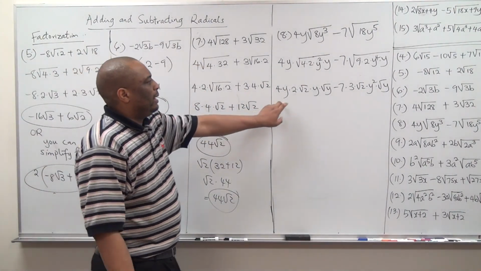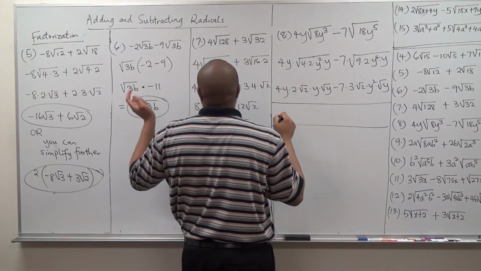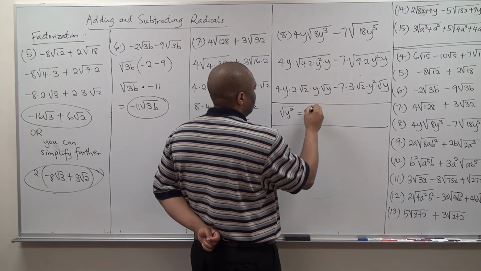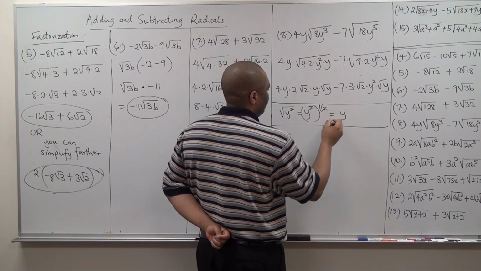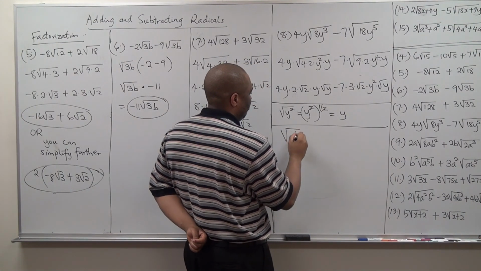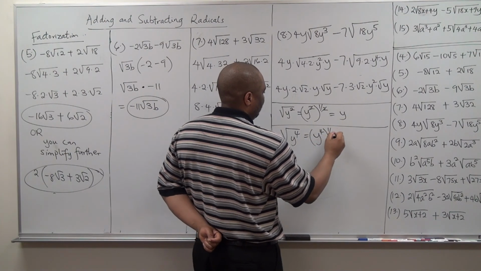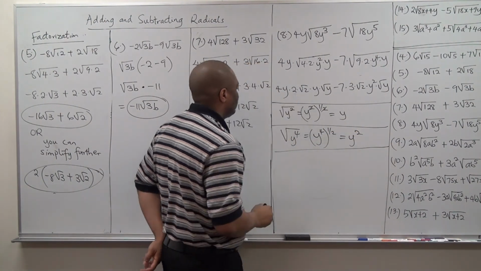Okay, if you're confused about this, just know, like I said in the beginning, square root of y squared is y squared to the power half, and that is y. And I say square root of y to the 4 means y to the 4 to the exponent half, or power half, which is y squared. Okay, so let's continue from here.